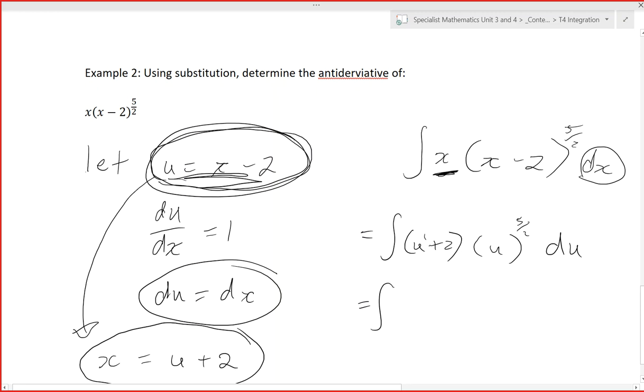So u to the power of 1 times u to the power of 5 over 2. What's that? We add the powers when we multiply the same base. So it becomes 7 over 2. And then we're going to multiply the 2 by the u to the power of 5 over 2.